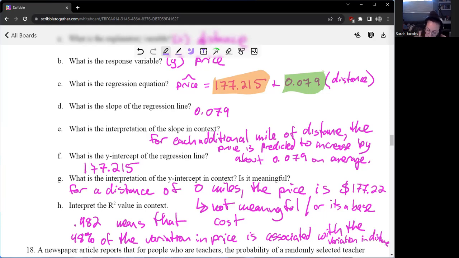So this one is always the R squared as a percent of the variation in the response variable is associated with the variation in the explanatory variable.